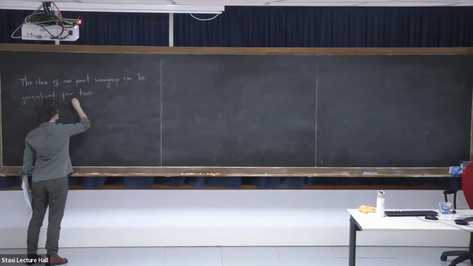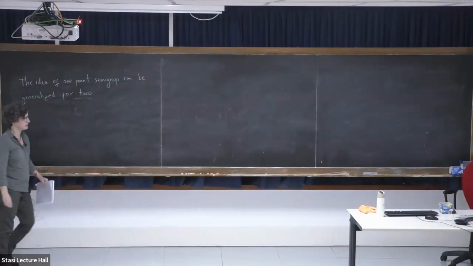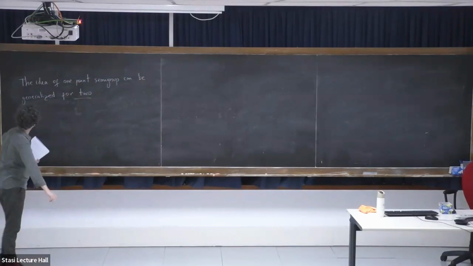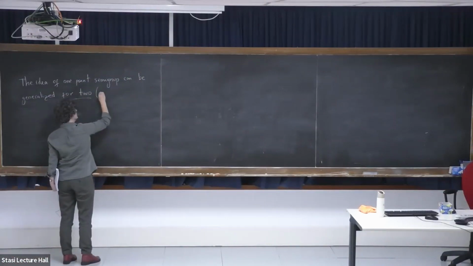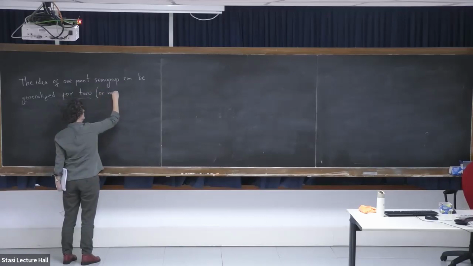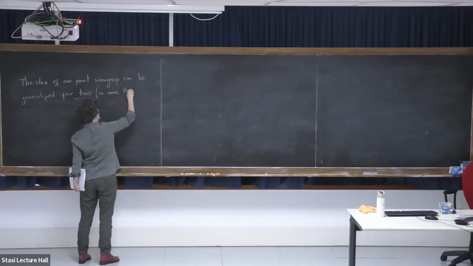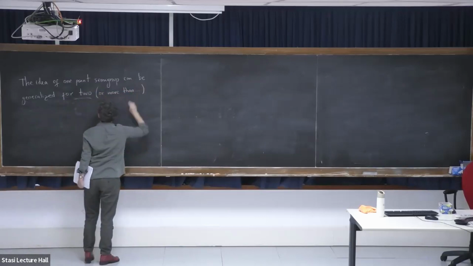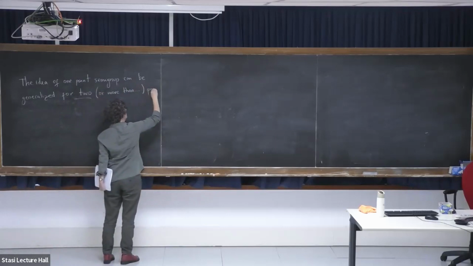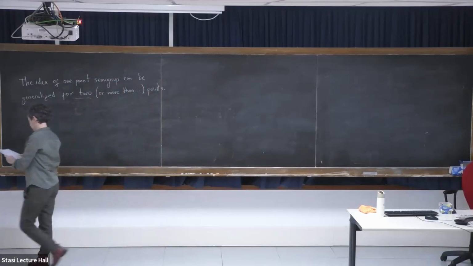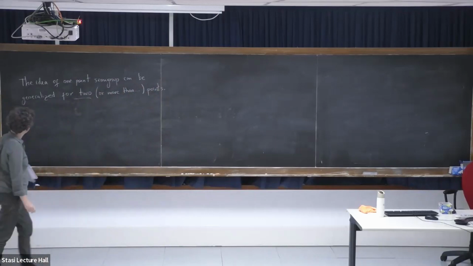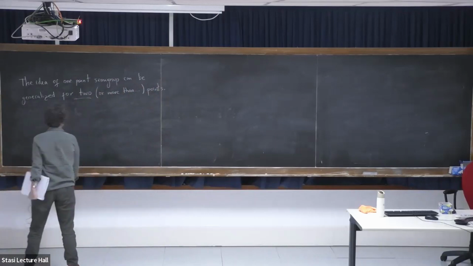I will concentrate on 2 points here, but well, there is a lot of work that has been done for more than 2 points. Okay. So we have this, and how do we generalize?